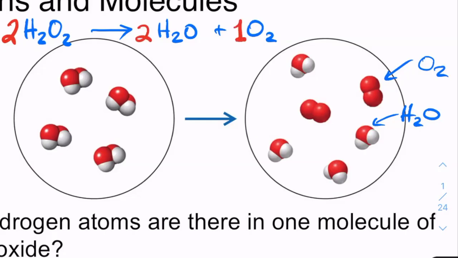We'll be doing plenty of that in due course when we get to probably chapter 7, actually. So that doesn't come until much later in the semester. So I wanted to get you in the mindset now of simply using these coefficients in front. This is the number of molecules, right? We have 2 hydrogen peroxides. That's going to produce 2 of these and 1 of these.